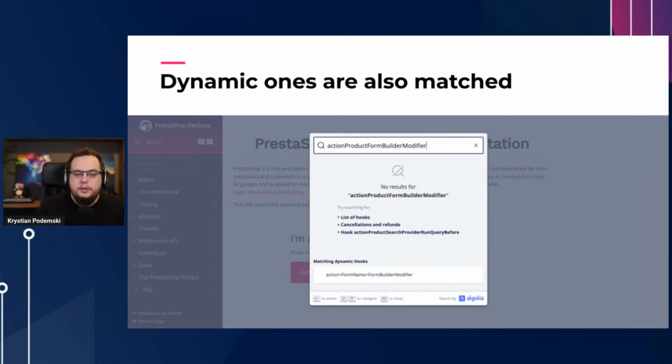On the screenshot, a developer searched for action product form builder modifier. There are no results for this hook because it doesn't exist in the documentation per se, but there is a matching dynamic hook that is now being displayed for developers, which should be really convenient for those who search for dynamic hooks. We noticed through the analysis of the most frequently searched items that it's a popular scenario where a developer is searching for action something something, where it is a dynamic hook, and before there were no results.